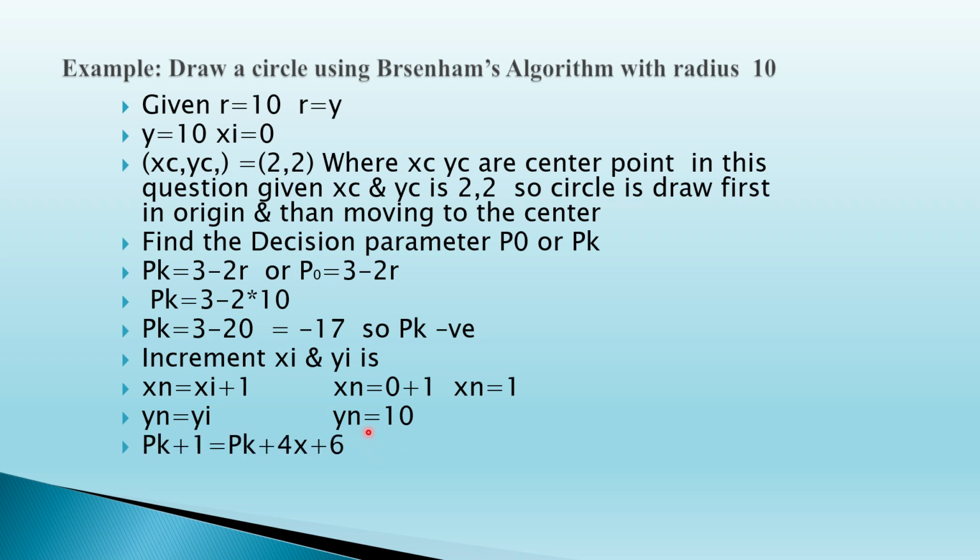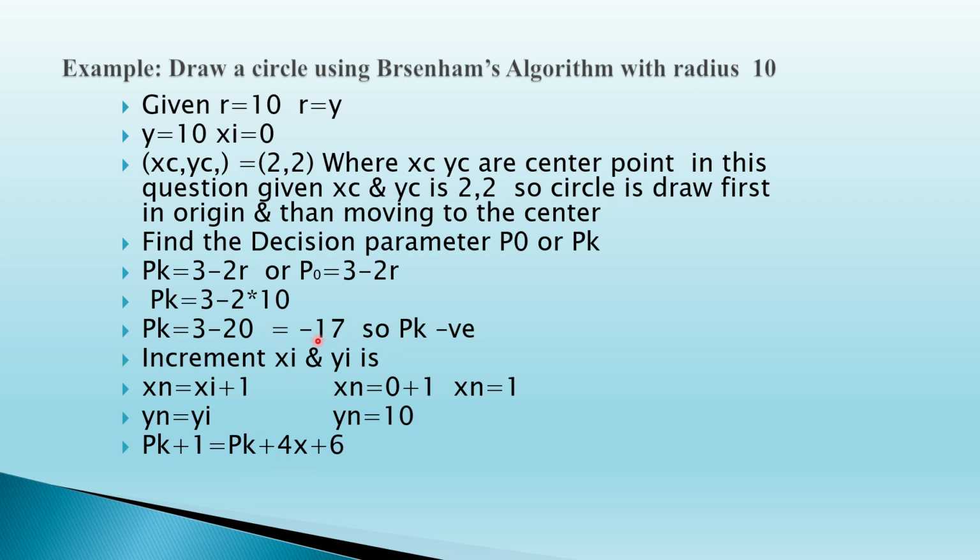Since we got a negative pk, the next pk plus 1 is calculated with the formula pk plus 4x plus 6.